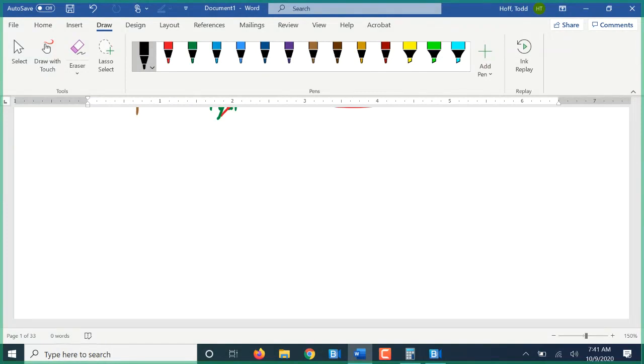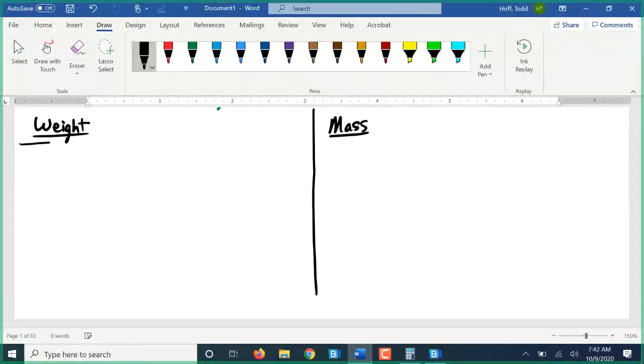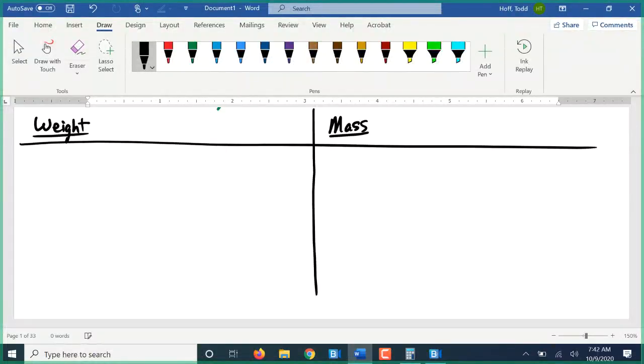Well, today we're going to start out with something similar. We're going to talk about the difference between weight and mass. Now, on Earth, which is where hopefully all of us live most of the time, we tend to jump kind of recklessly back and forth between mass and weight, even though they are a different thing.